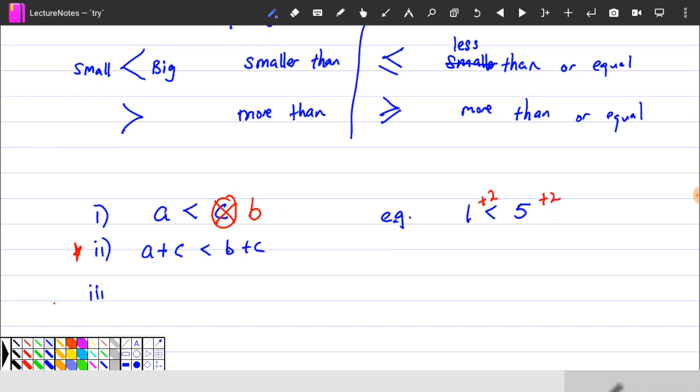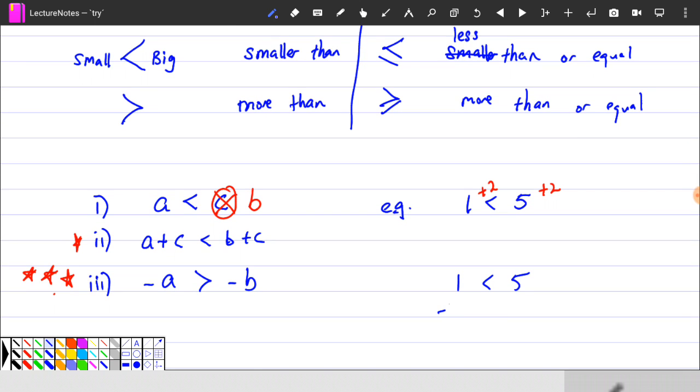Now part 3 is the one you need to be careful. Can you draw a few stars? Negative A is more than negative B. Alright? Now what does this mean? Say for example, 1 is less than 5. But what happens when I have minus 1 and minus 5?